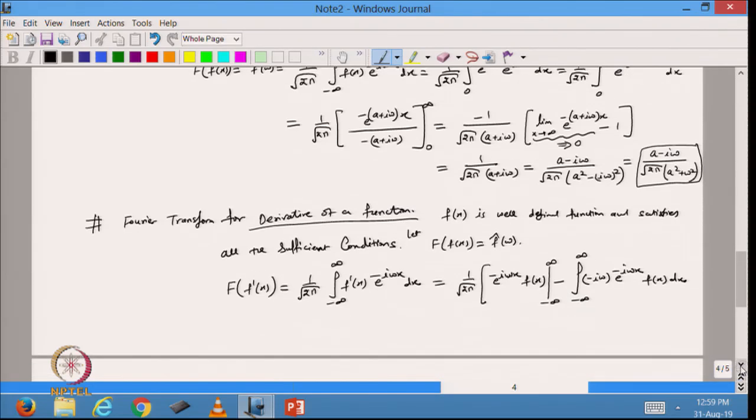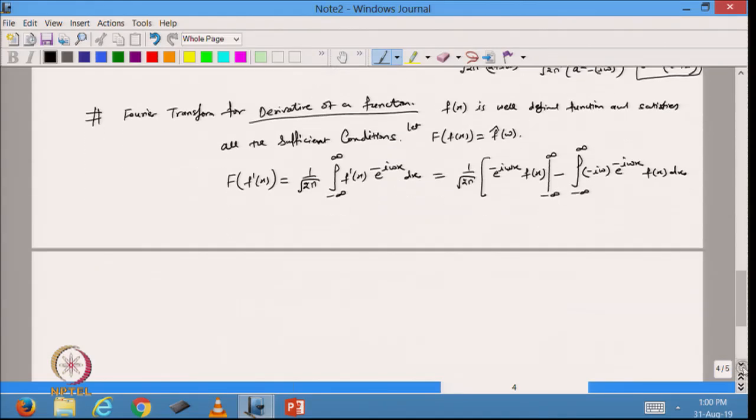So, this is what I have just written. From here, now I will try to find out the limits. So, this becomes 1 over under root 2 pi. So, I apply the limits.